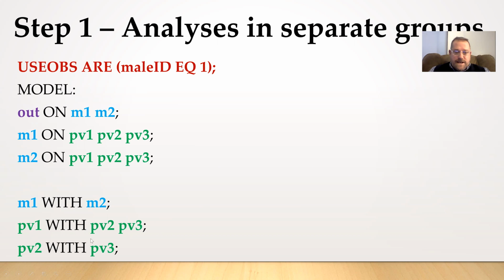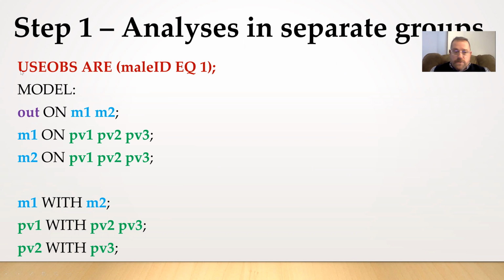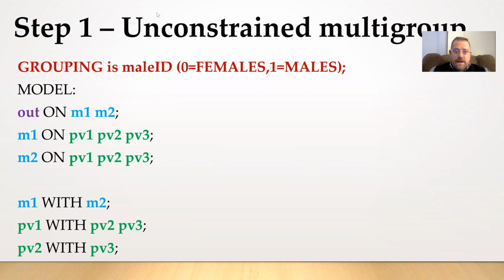You don't really need these last 2 lines because Mplus will do that automatically, but it can't hurt to put it in. I like putting it in to remind myself what the full model would look like. But even if you do this model in both males and females separately, I'd recommend doing an unconstrained multigroup.